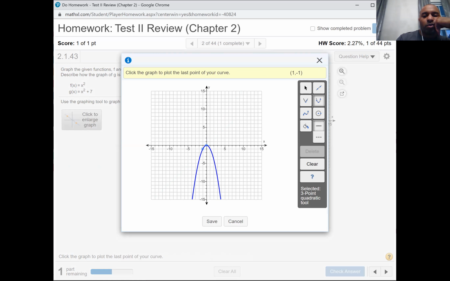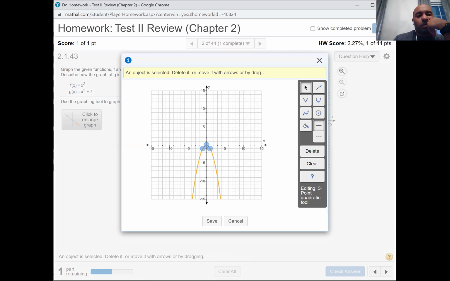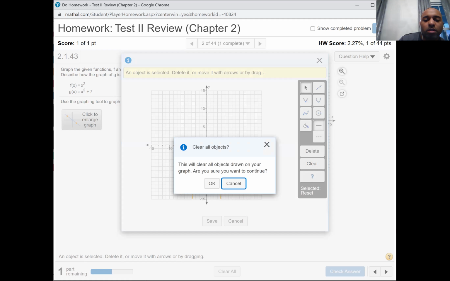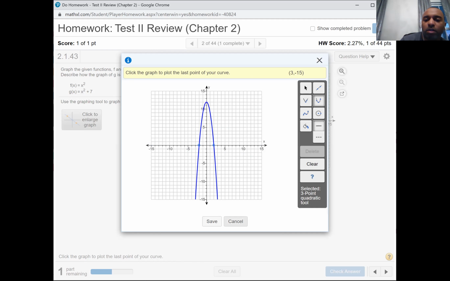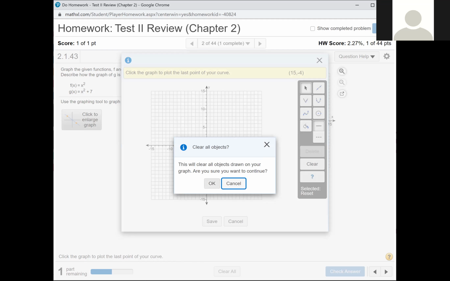Okay, so it didn't matter what order we did them in as far as graphing it. But I still believe you have to have that vertex. Let's clear it and go.